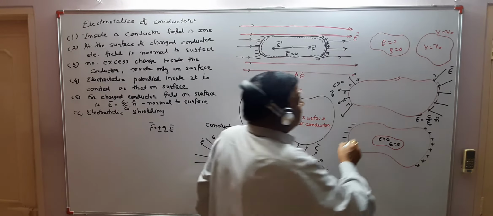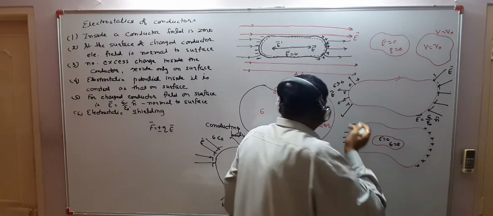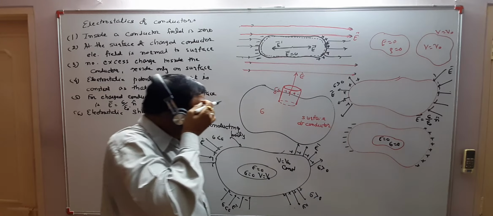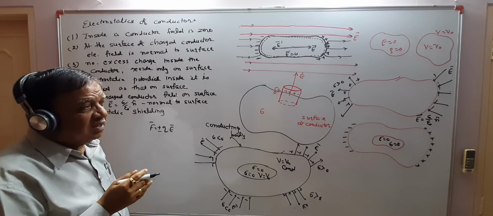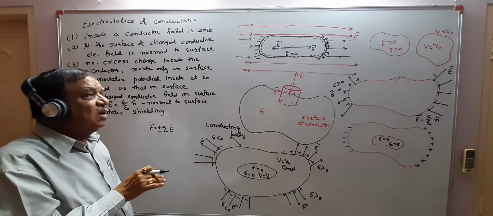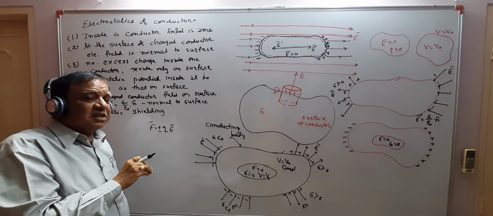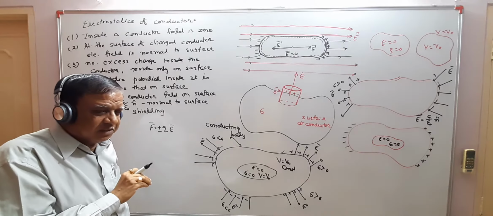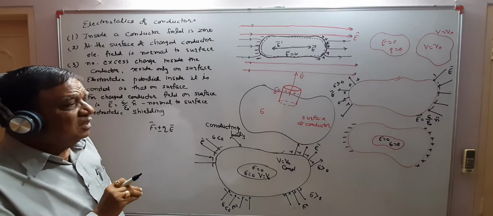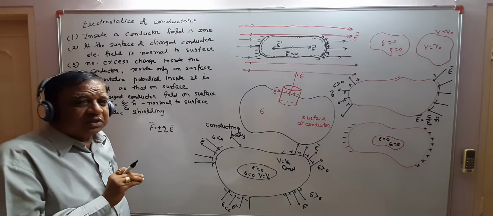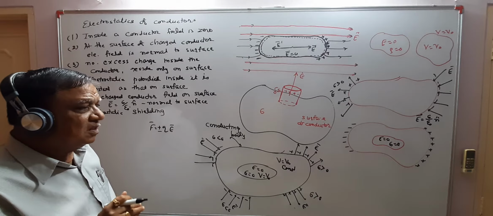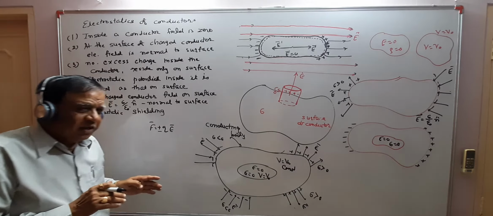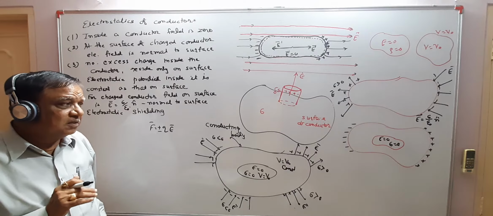Consider this figure, where we have placed a charge or placed the conductor in an electric field. Then we can say the field is normal to the surface. Why? Suppose the field were not normal to the surface.